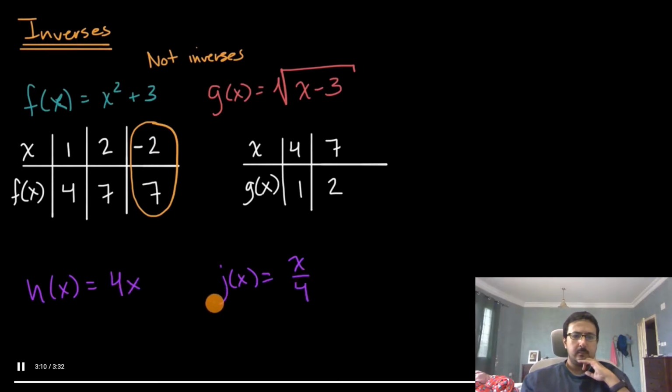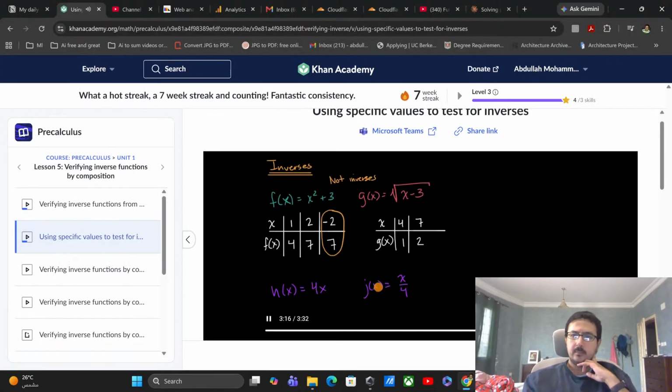We'll prove it in other ways in future videos, but you can't try every single input here. Let's see, if we plug in the 4x, what is it going to give us? 4x over 4.